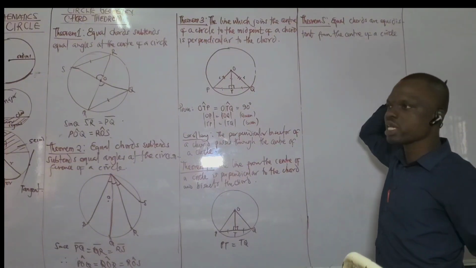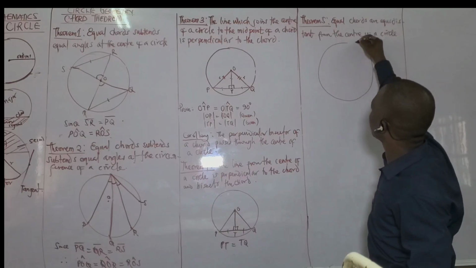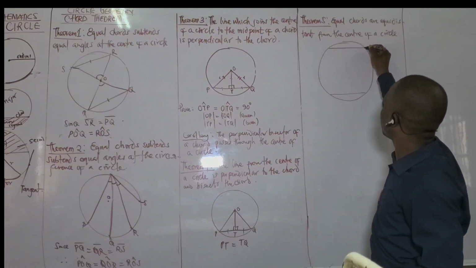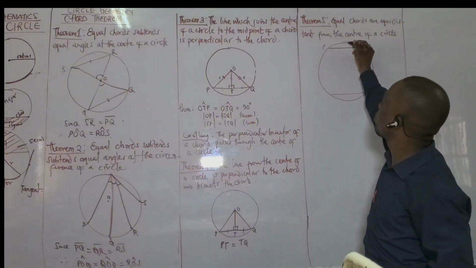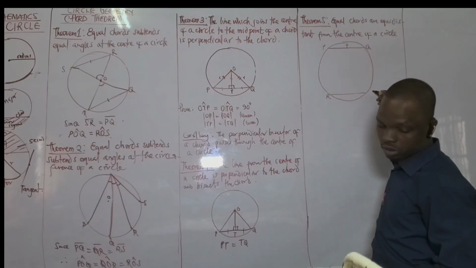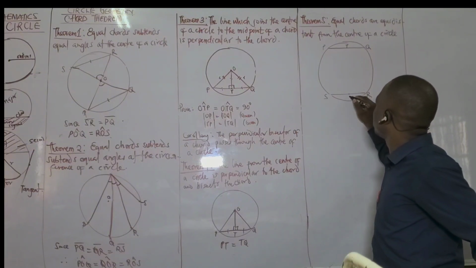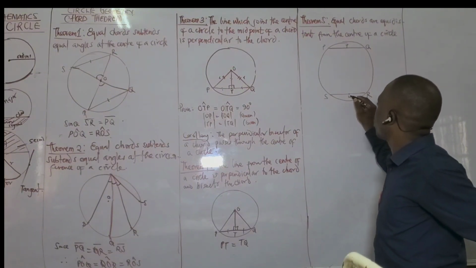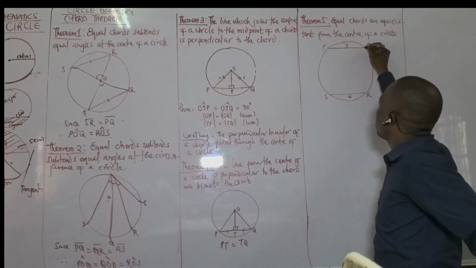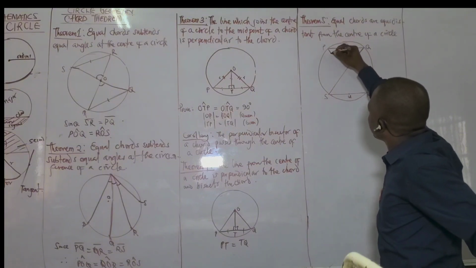So we can draw a big circle. We have this chord, let's name it PQ, and this is its midpoint. We have RS here, and here is the midpoint of RS. T is the midpoint of this. Equal chords are equidistant from the center of a circle.